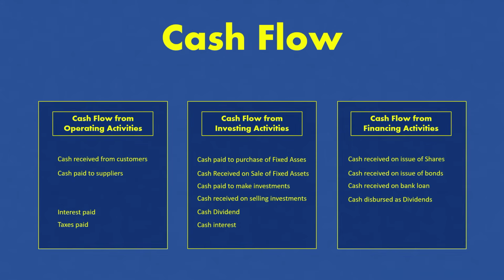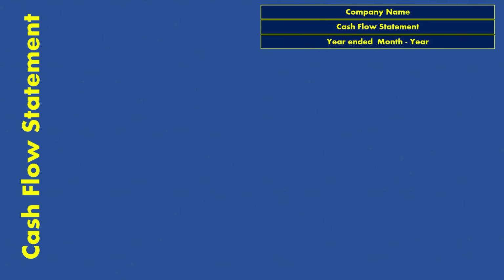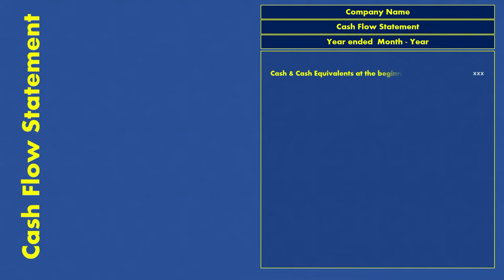So we have already seen how the cash flow statement is split into three sections, and we also discussed the format of the cash flow statement. After the company title and the report heading, we begin with the cash and cash equivalents at the beginning.